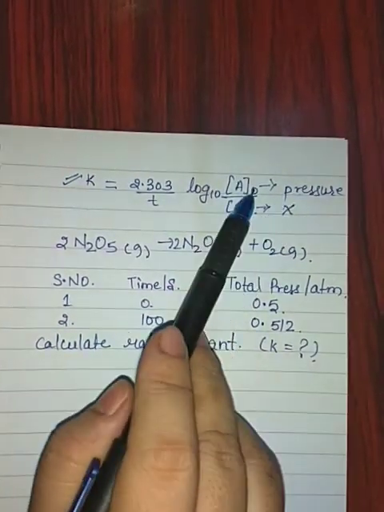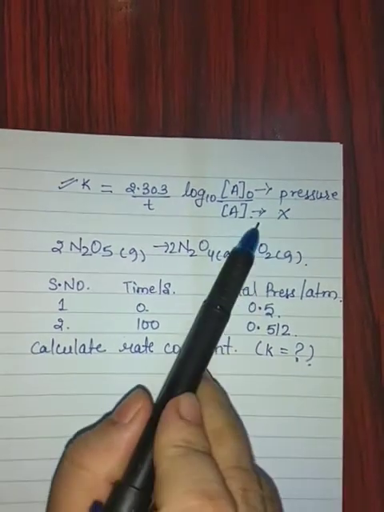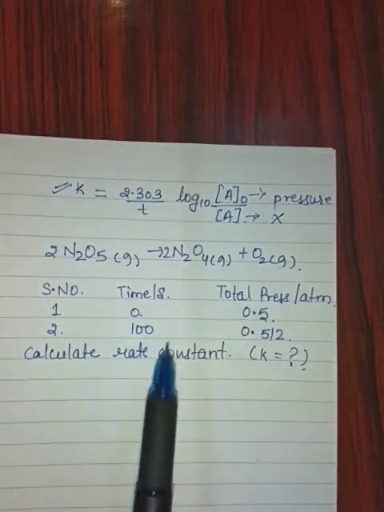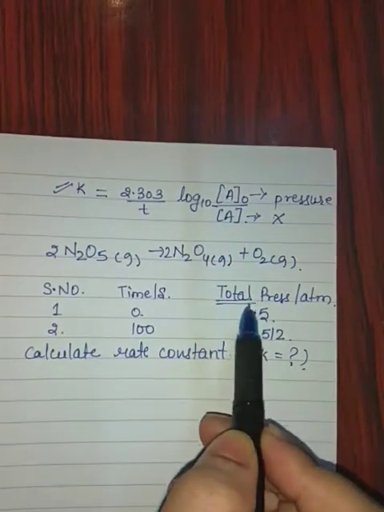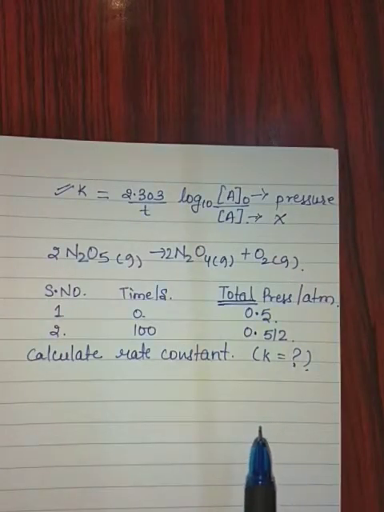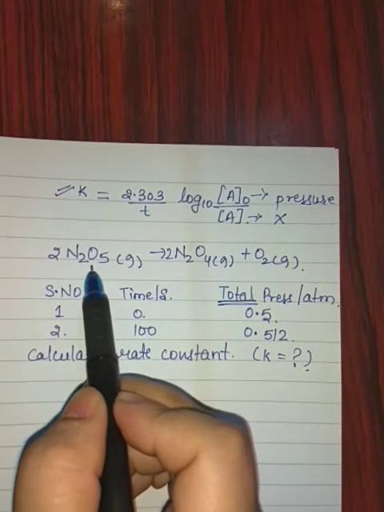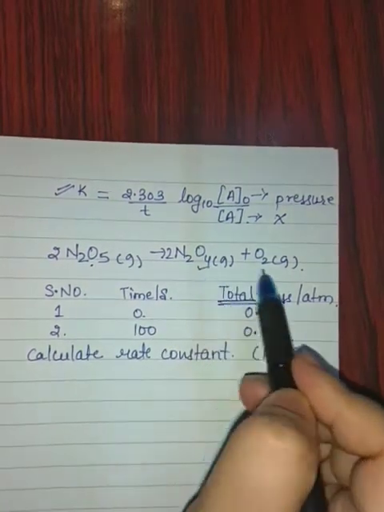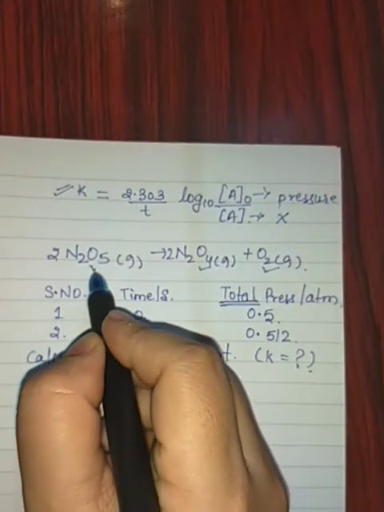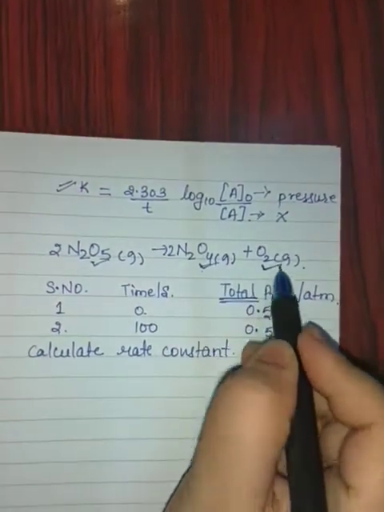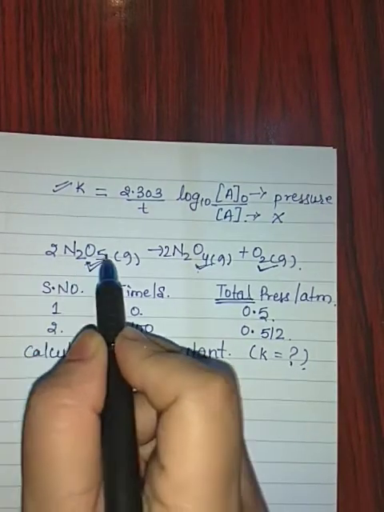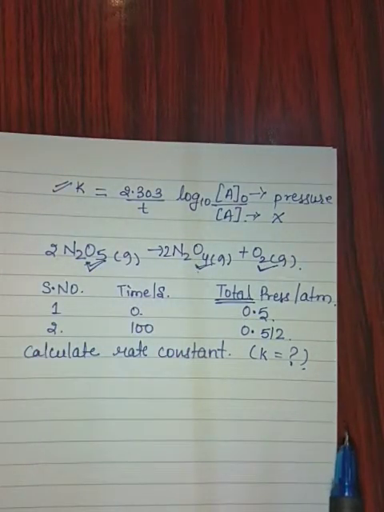You actually have the initial pressure, but you don't have the final remaining pressure of the reactant, because they are not giving you the pressure of the reactant, they are giving you total pressure. Total pressure means pressure of this plus this plus this. So they are giving you the addition of all three pressures, but you need the pressure of only N2O5. So how are you going to do that?